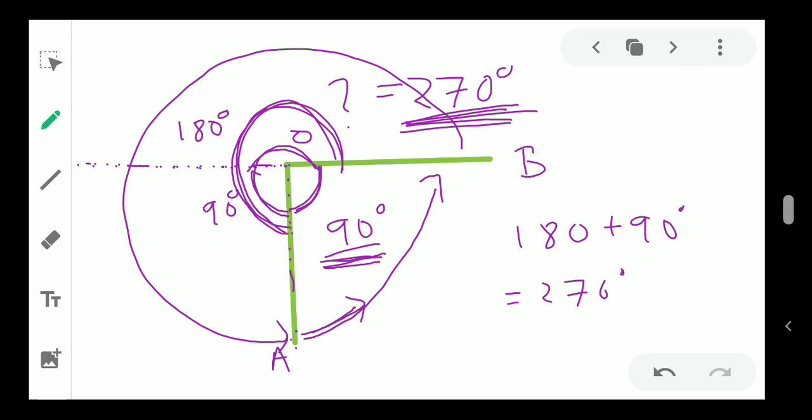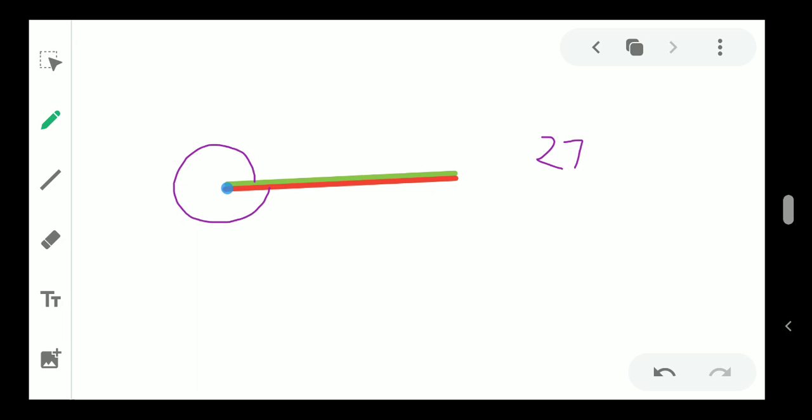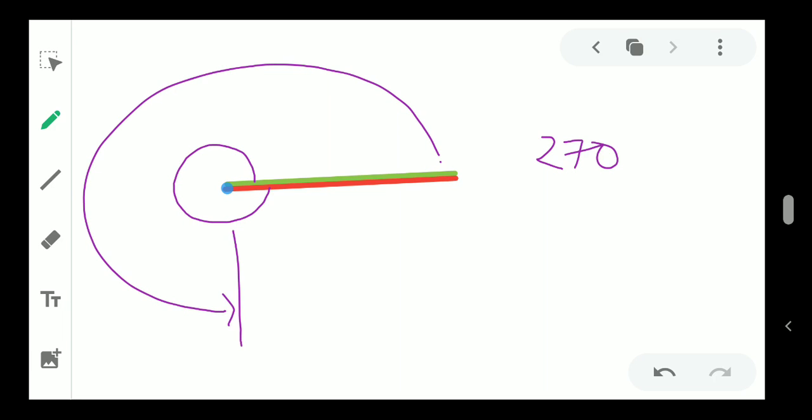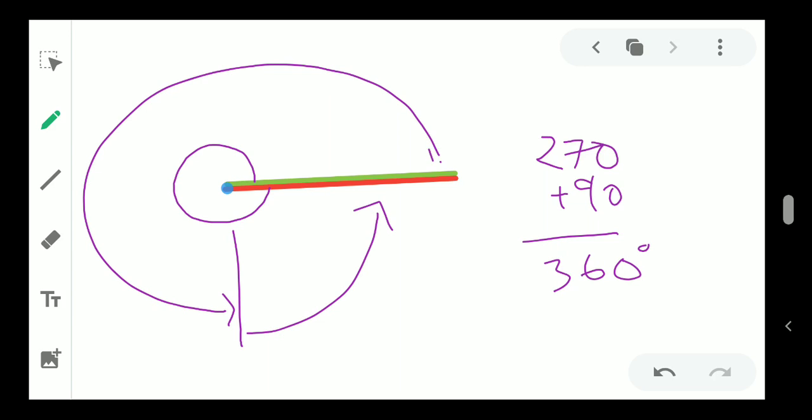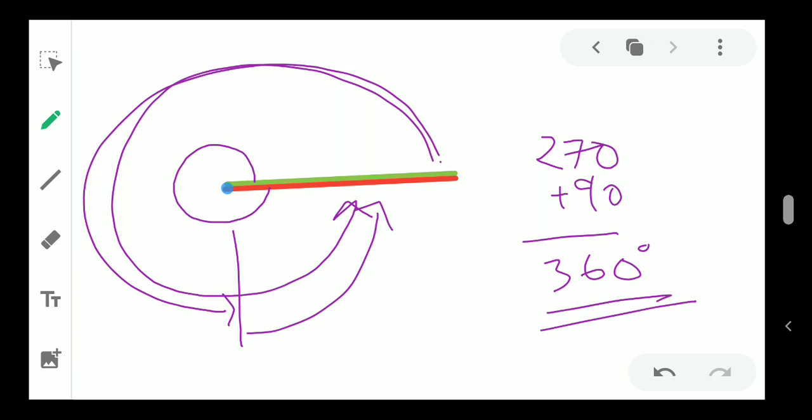It will cover 270 degree, from here to this much, and from this much to that much more 90 degree, that is 360 degree. So in a complete revolution, how much does it have to move? It has to move 360 degree.